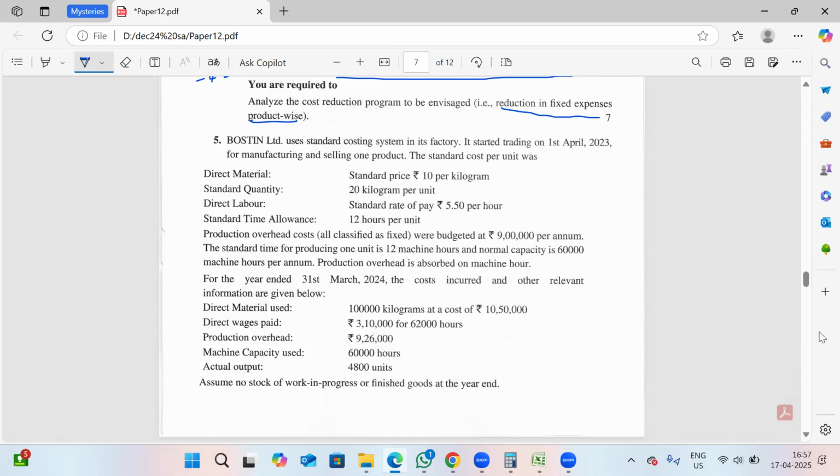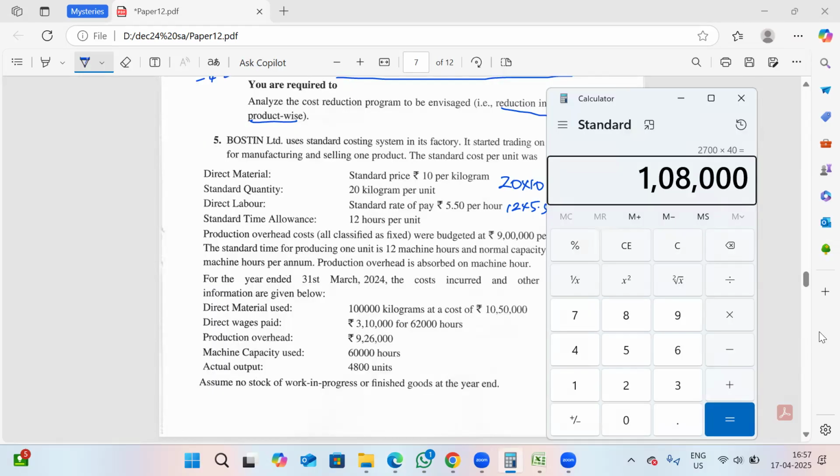So 20 into 10, that means 200 rupees of direct material is required. Direct labor is 5.5 per hour. How many hours do I require? 12 hours. So 5.5 into 12 is 66 rupees.